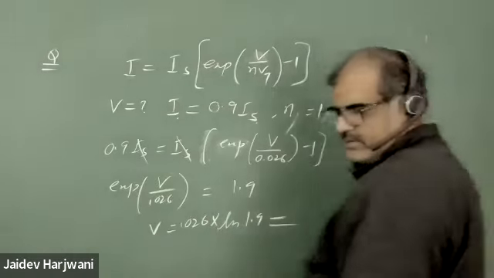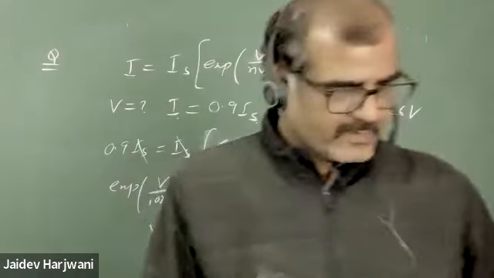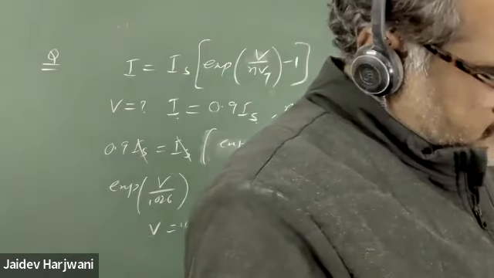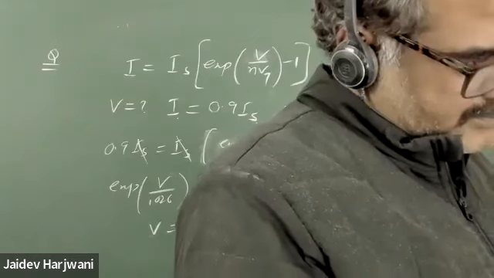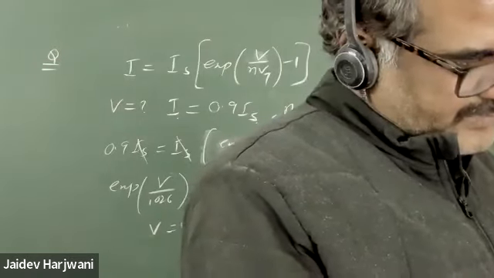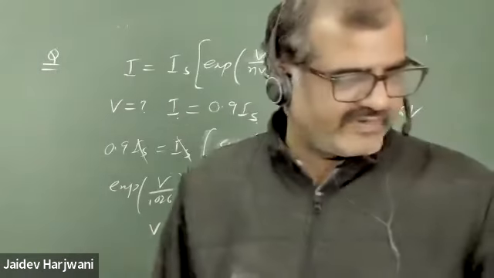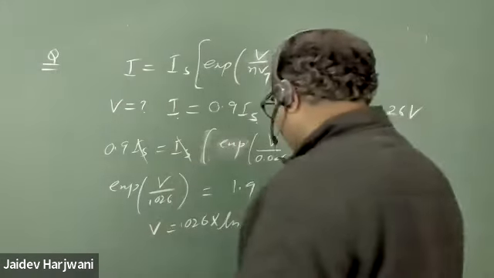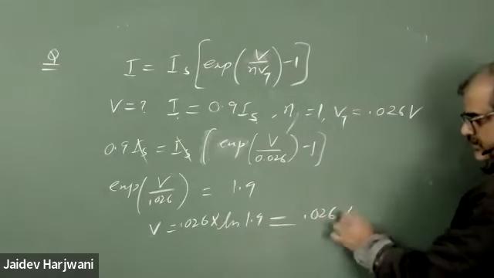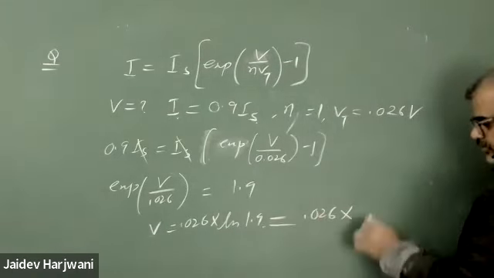Tell me what is coming. What is the value of ln 1.9? This should be around 0.6, multiplied by 0.026.